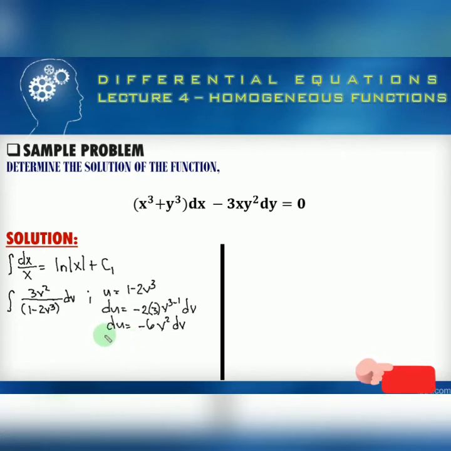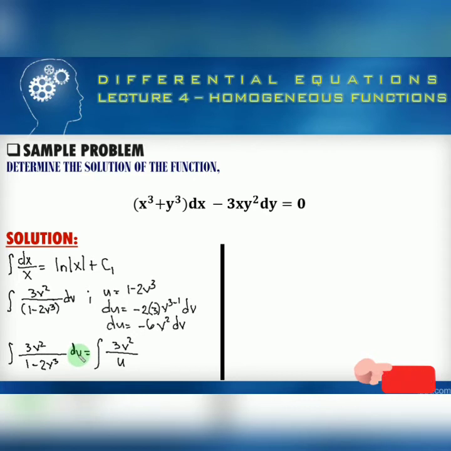So after this, we are going to work with this one. This integral of 3b squared over 1 minus 2b cubed db is just equal now to 3b squared, and we assign our u equal to 1 minus 2b cubed, so this is now our u.